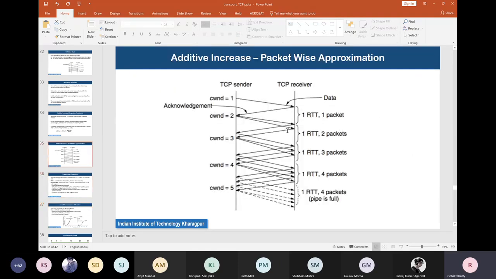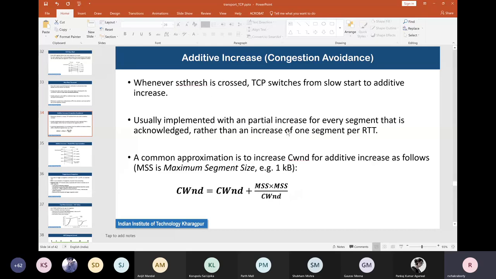Now, when it goes to AIMD, the CWND update changes. Instead of a one segment per RTT increase as it was happening, it now performs a fractional increase of CWND per RTT.